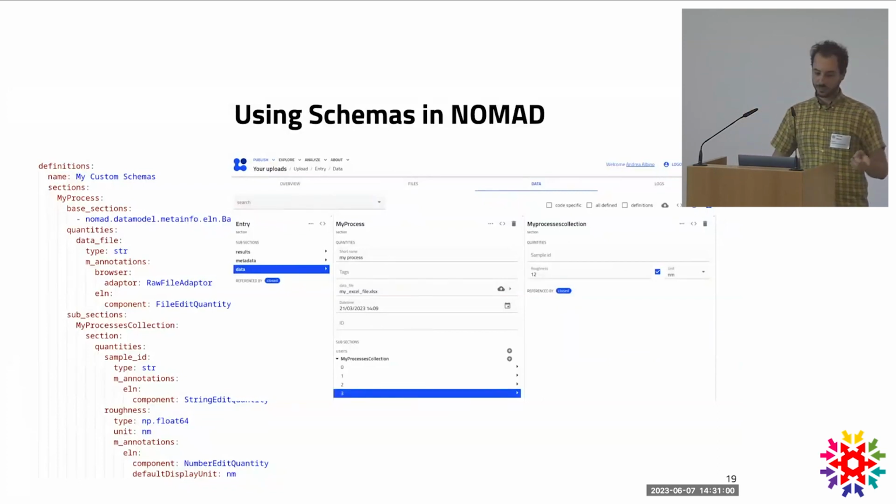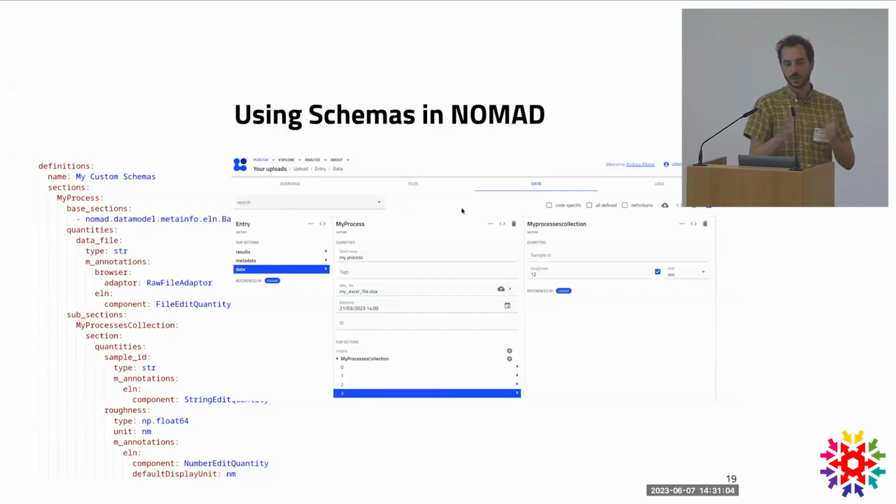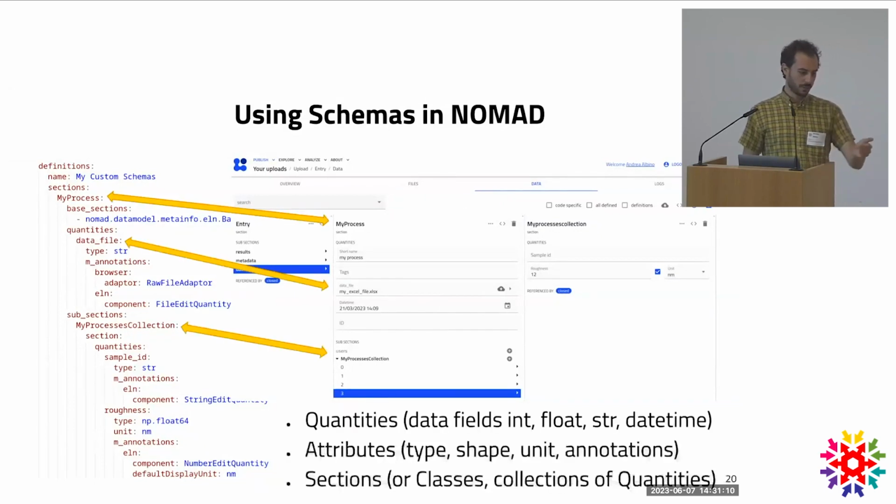This will give rise to an ELN visualization shaped on the needs of the single use cases. Here are some details describing the structure of our schema that I will not go through now, but you can find them on our YouTube channel, especially described in detail during tutorial 8.